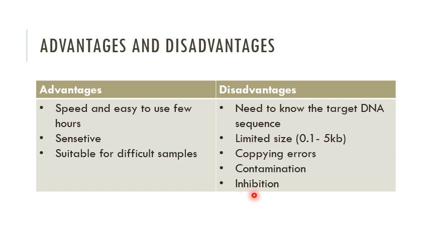That's why it will inhibit and affect the PCR reaction. Sometimes the calcium in bone, or soil, all of these depend on the type of sample you are entering into the PCR. You need to make sure that your extracts are free of these inhibitors.